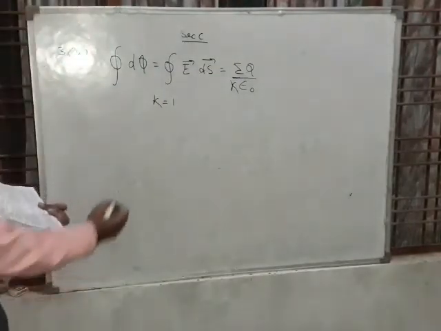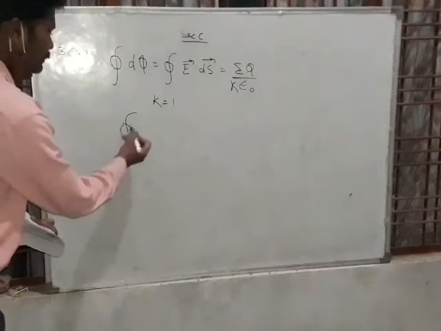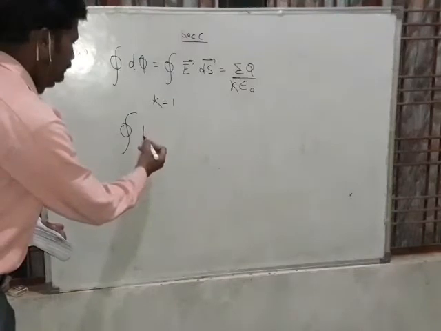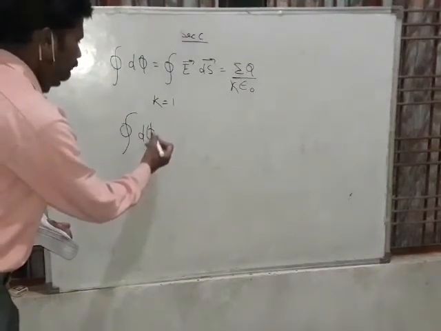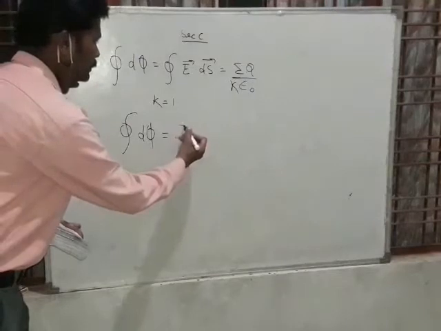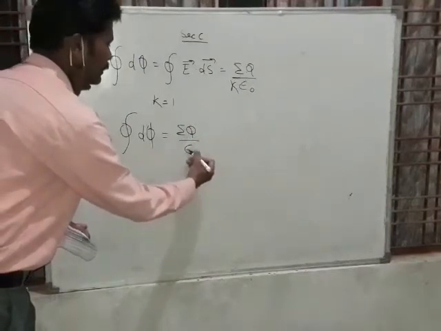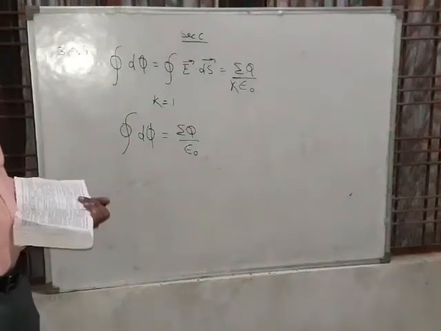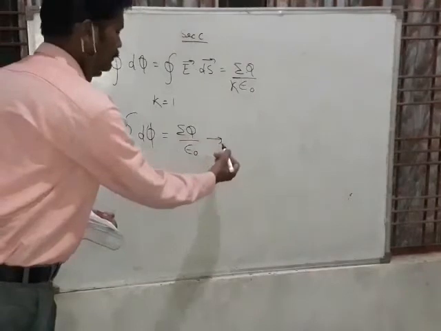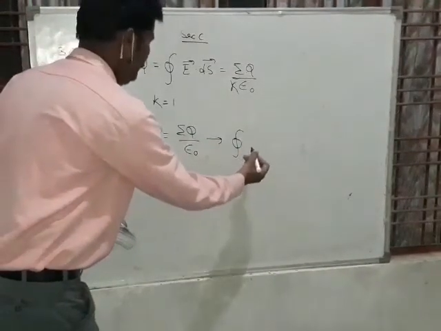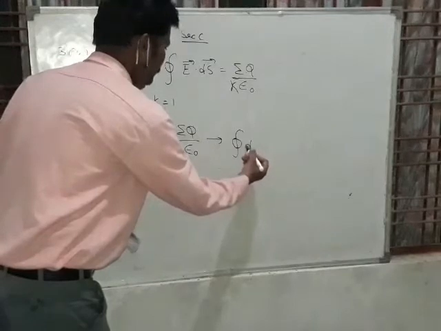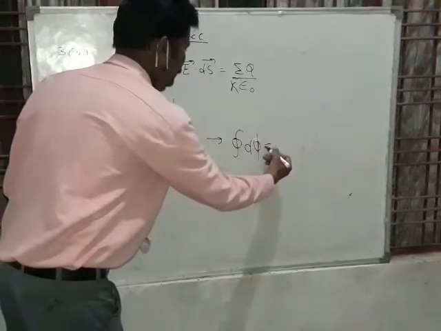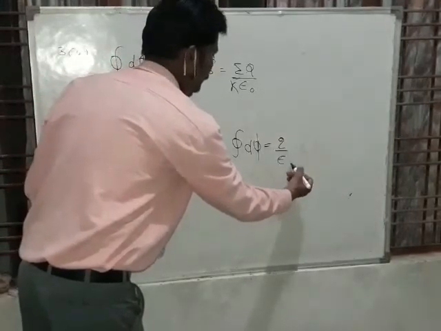Then according to Gauss theorem, electric flux from the surface d phi will be sigma q upon epsilon naught. If there is only one charge, then this theorem reduces as closed surface integration d phi equals q upon epsilon naught.